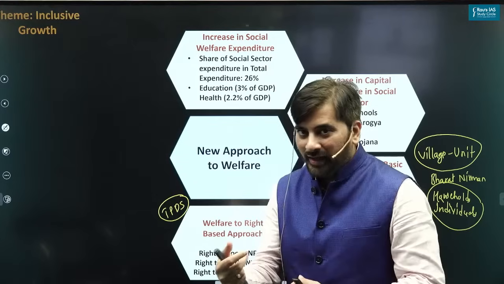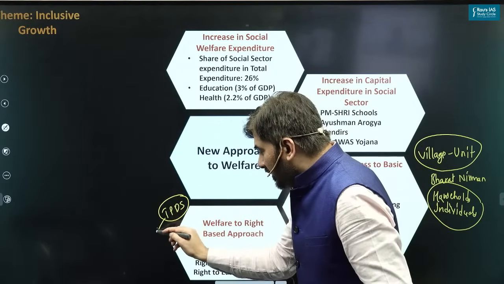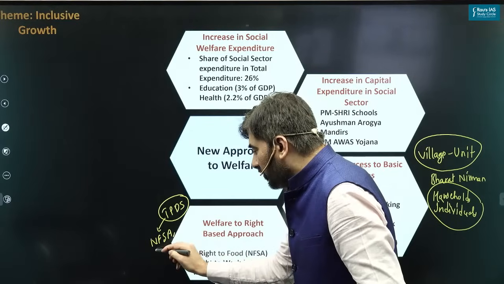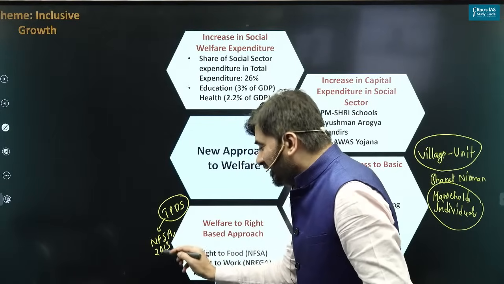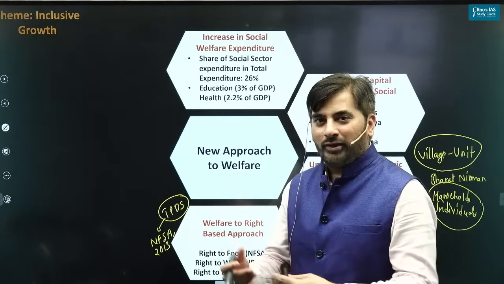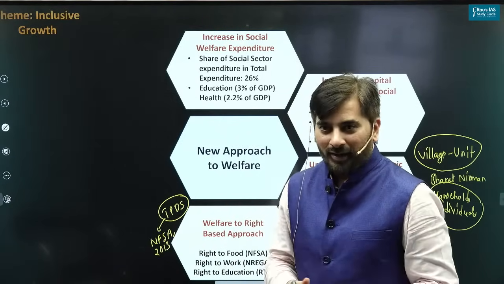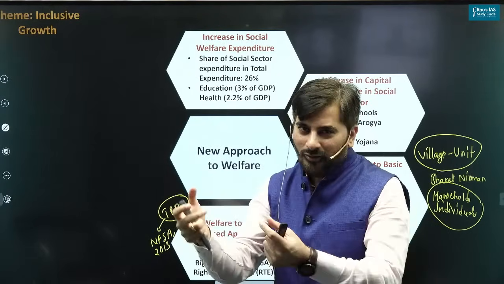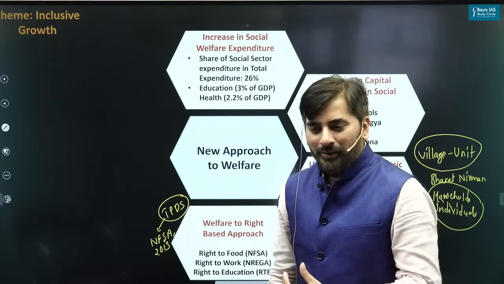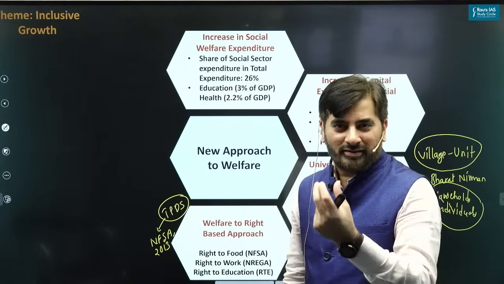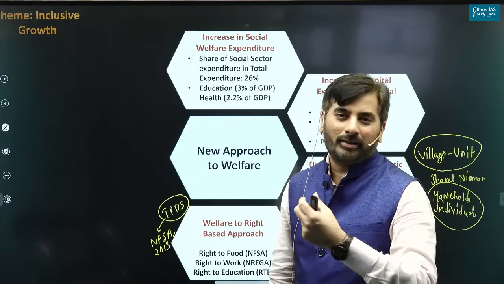But now what we have done? Now TPDS has gone on to become National Food Security Act 2013. And this National Food Security Act now provides for right to food, which means now people are no longer at the mercy of the government to get subsidized food grains. People have a legal right to food, which means people can demand subsidized food grains from the government.